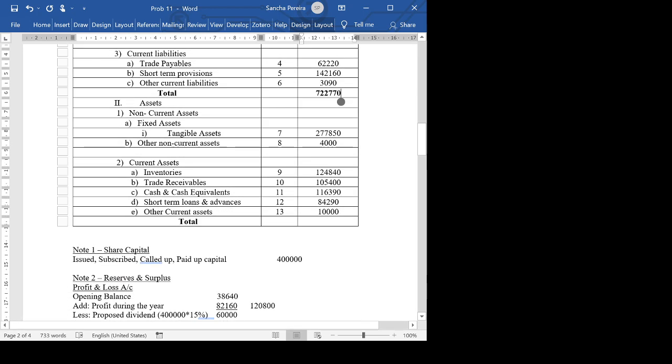Let's see if the other side is also the same amount. 277,850 minus 4,000 minus 124,840 minus 1,05,400, 116,390, 84,290 and 10,000. Yes, total is correct. So it is 722,770.